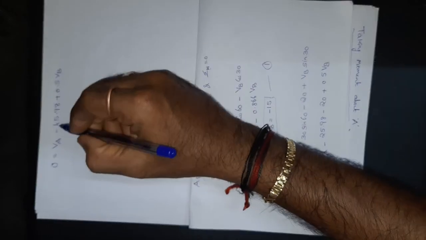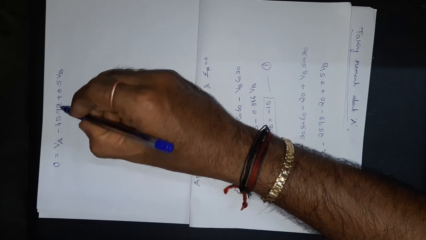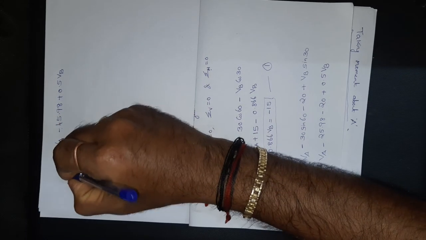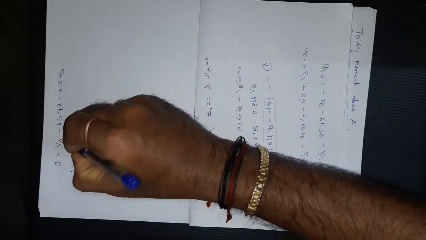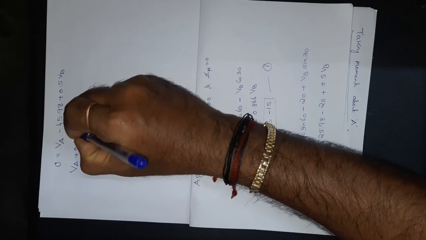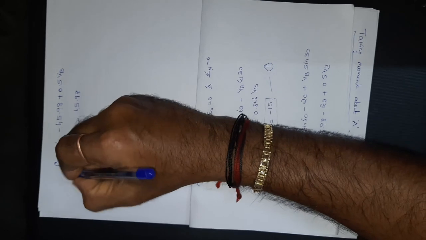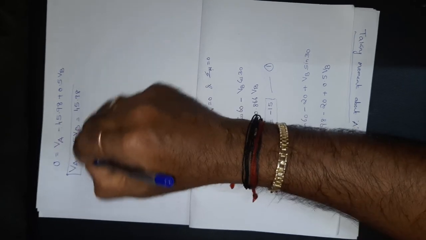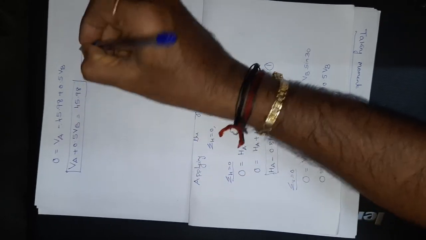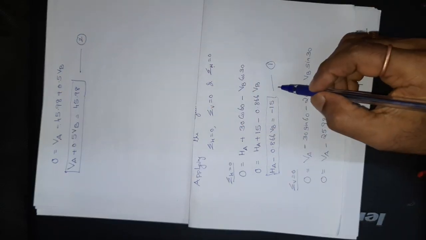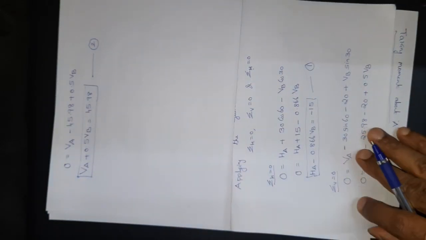So let me just take this minus 45.98 to the other side. So it can be written as VA plus 0.5 VB equal to 45.98. So let me just consider this as equation number 2, because equation number 1 has already been considered. So equation number 2, right?